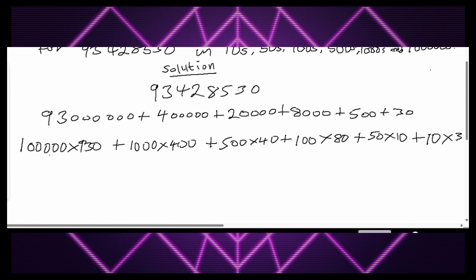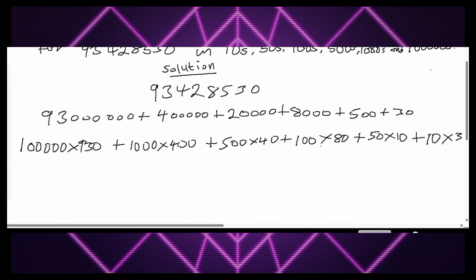Whenever you multiply these numbers by the thousands, the 100,000, the 500, you're going to get the ones on top. If you multiply 100,000 by 930, you're going to get 93 million. If you multiply 1,000 by 400, you're going to get 400,000. You multiply 500 by 40, you get 20,000.